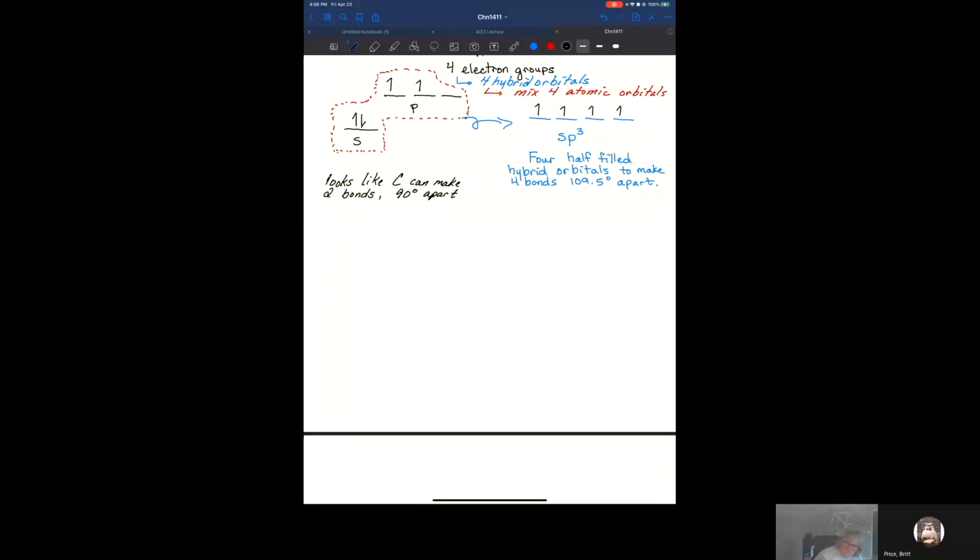You said this also can account for lone pairs. Let's look at ammonia. NH3. Come up with the Lewis dot structure and then make it into its pretty picture.